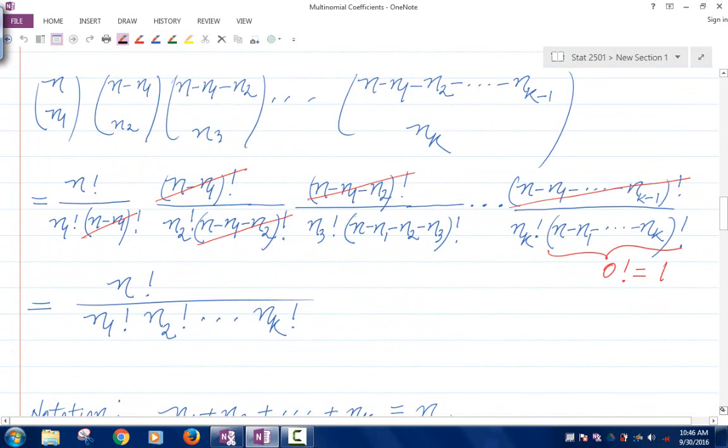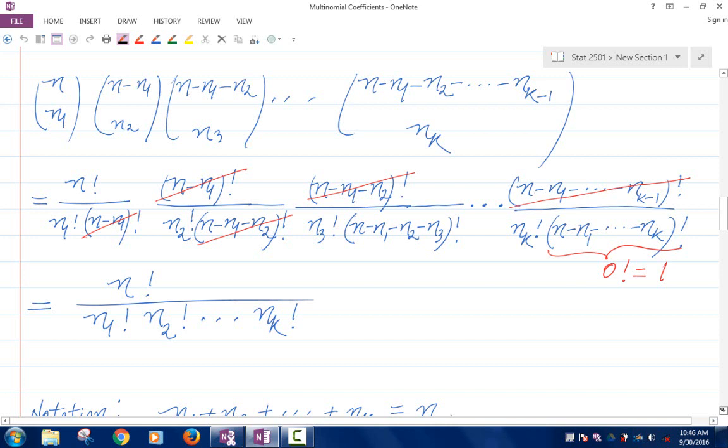What is n choose n1? N choose n1 is the same as n factorial divided by n1 factorial times n minus n1 factorial, right? What is n minus n1 choose n2? N minus n1 choose n2 is n minus n1 factorial divided by n2 factorial multiplied by n minus n1 minus n2 factorial, right?